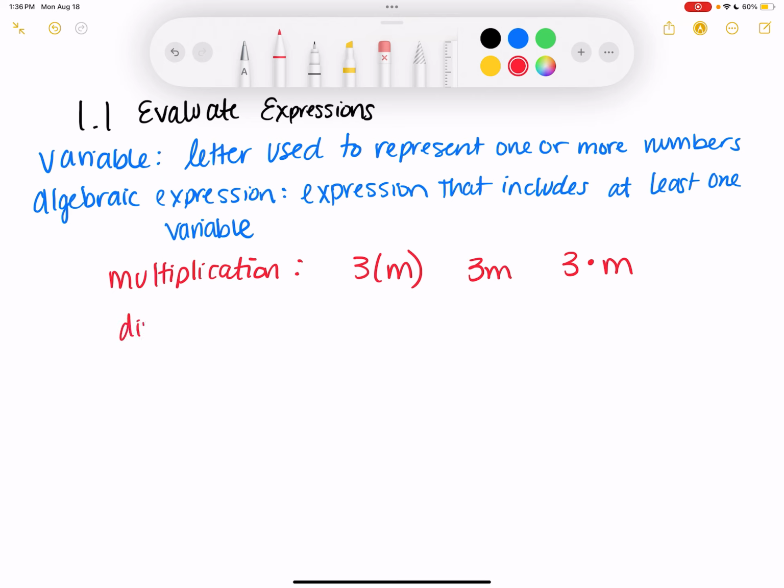For division, we can either write it as 5 over y, where it's written as a fraction, which would be 5 divided by y, or we could write it as 5 with the normal little division symbol, the line and the dots, divided by y, like that.